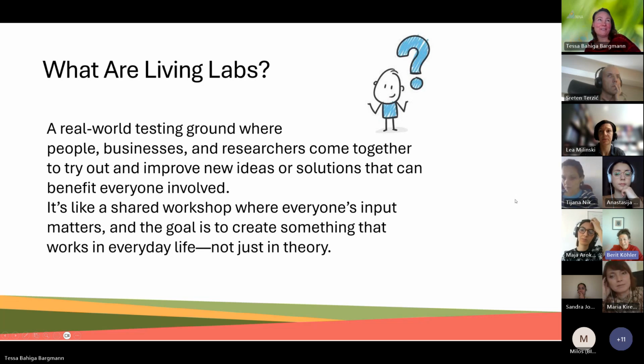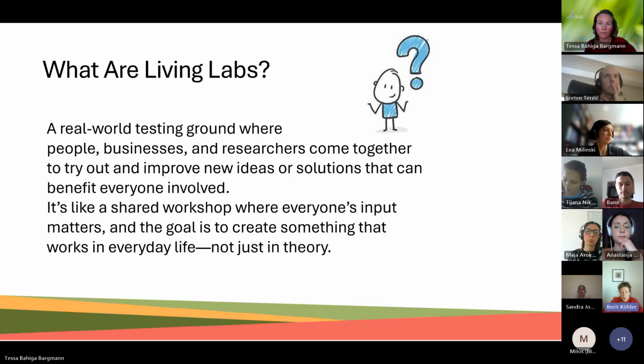But good. Then we have the right presentation and the right slide. So we can say that such living labs are, in a way, a real-world testing ground where people, businesses, and researchers can come together to try out and improve new ideas or solutions that can, in the best way, benefit everyone involved.